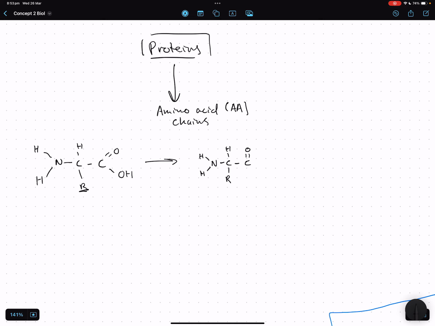So this bond stays. Now this oxygen comes out, binds to the nitrogen. Carbon, hydrogen. This is the R group.